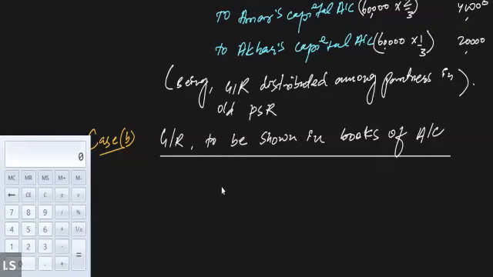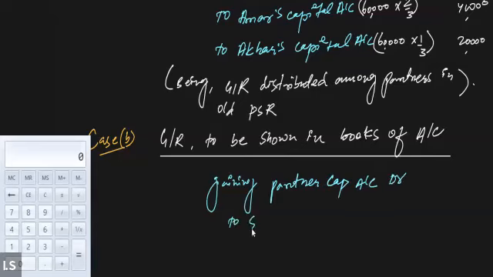So don't write this down right now. Gaining partner's capital account debit to sacrificing partner's capital account. This will be the journal entry in this question.